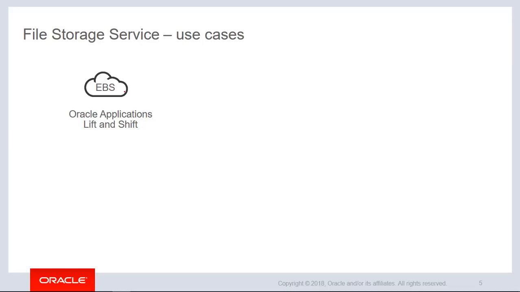One of the use cases we just talked about is Oracle E-Business Suite, and customers have been running EBS on premises using an on-prem file system. For those customers, you can move those applications to OCI and leverage the file storage service in the cloud. You can use FSS to replace your general purpose file system.